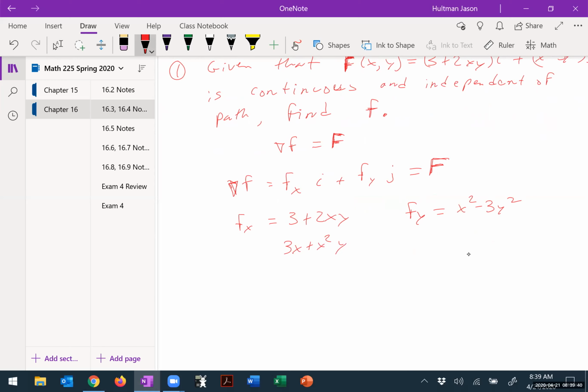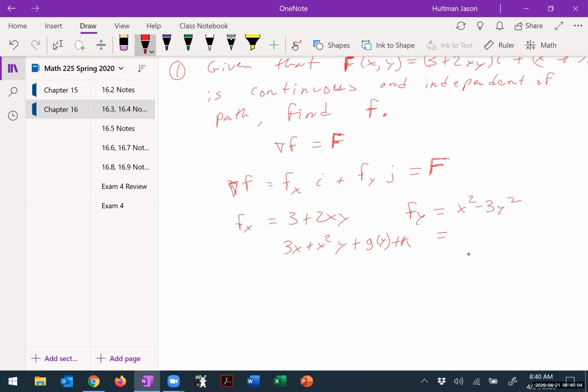That's my antiderivative, plus some function of y plus some constant. Because that function of y could have gone to 0 if I took a partial with respect to x.